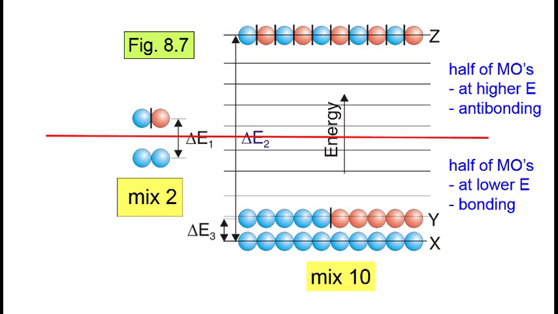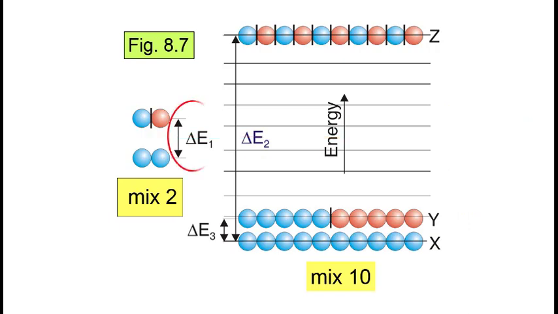Second, as you go from 2 to 10, the total range of energies from bottom to top increases from delta E1 to delta E2. Third, although the entire range of energies increases on going from mixing 2 to mixing 10, the spacing between the individual levels gets smaller. Notice how the energy between X and Y, indicated by delta E3, is smaller than delta E1.